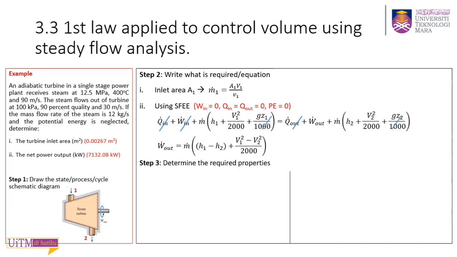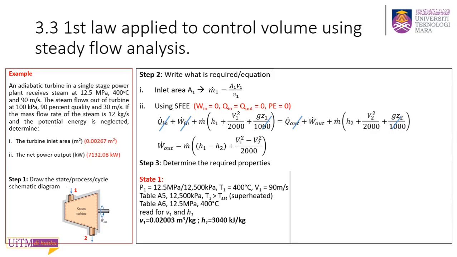Since the substance is steam, which is a byproduct of water, we will use the property table to determine the required properties. For state 1, now for properties read from the table, it is important that we determine the phase of the state. So make sure you determine the phase of the state before reading the properties.